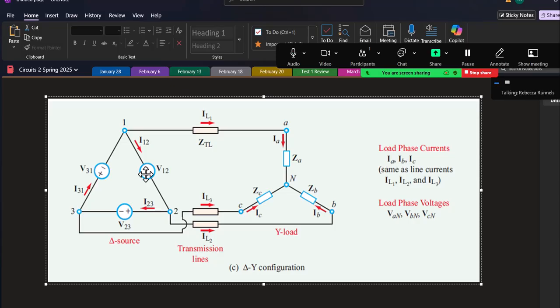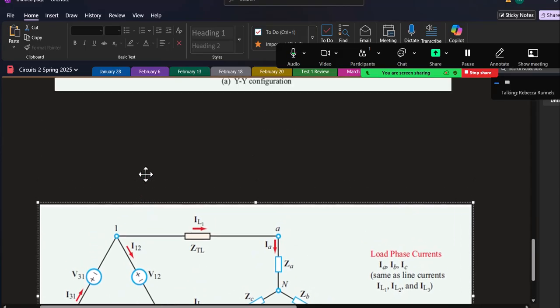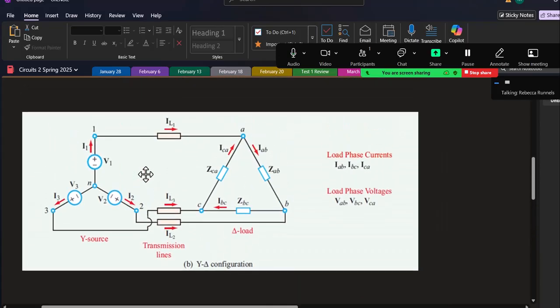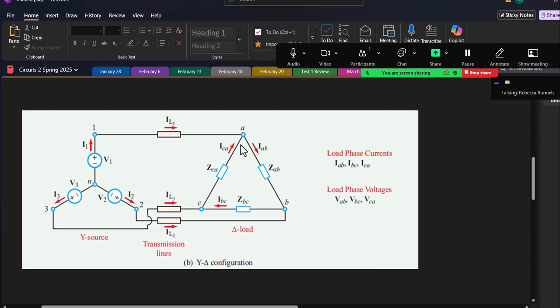And IAB, IBC, ICA, those would be our currents in a delta load. So the letters let you know it's in a load. If it has two of them, it's going to be in a delta because it's going from one node to another.